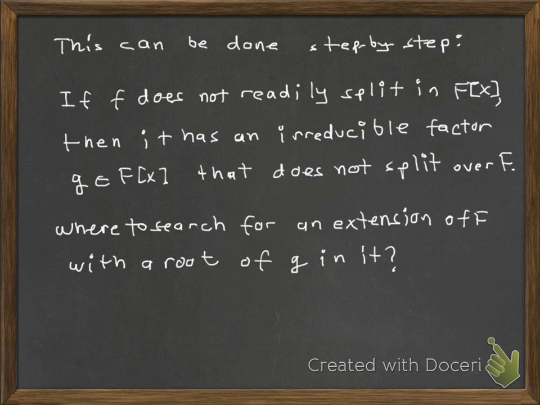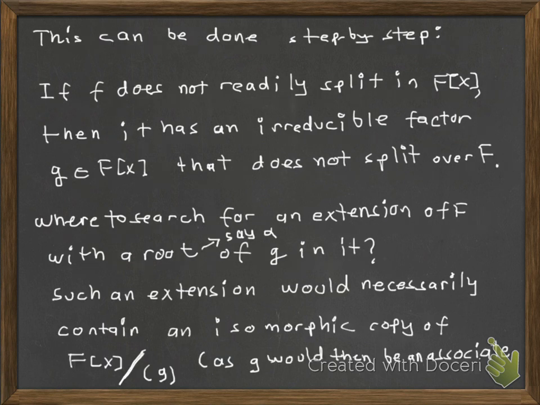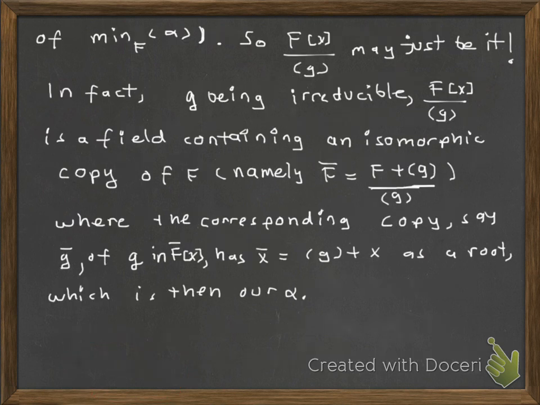Well, such an extension would contain an isomorphic copy of this quotient, right? As g would then be an associate of the minimum polynomial of alpha over F. So then this being the immediately available suspect, we work on that one and work it out that it is in fact the one we are looking for. And the details are again left to the reader to verify.